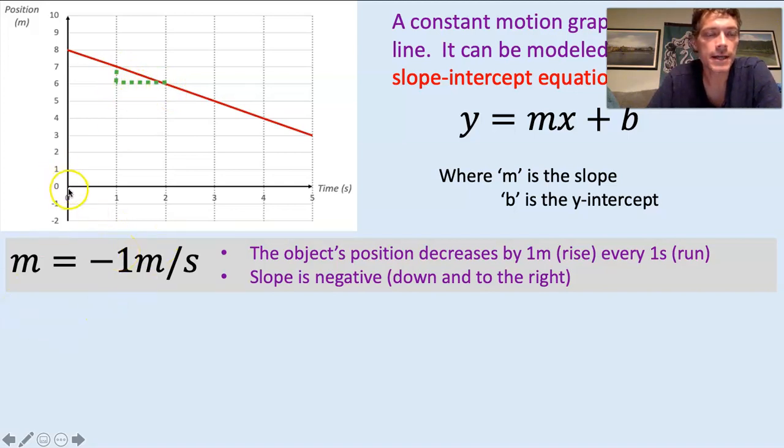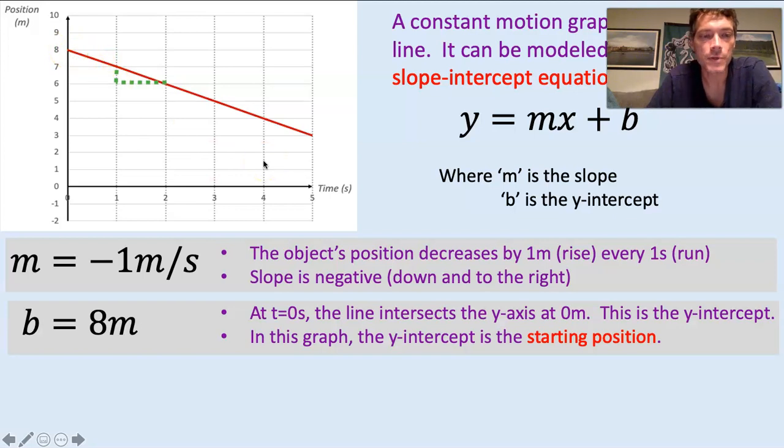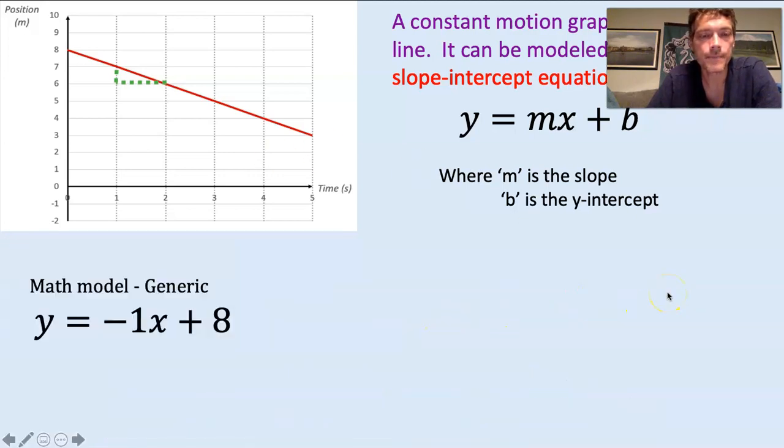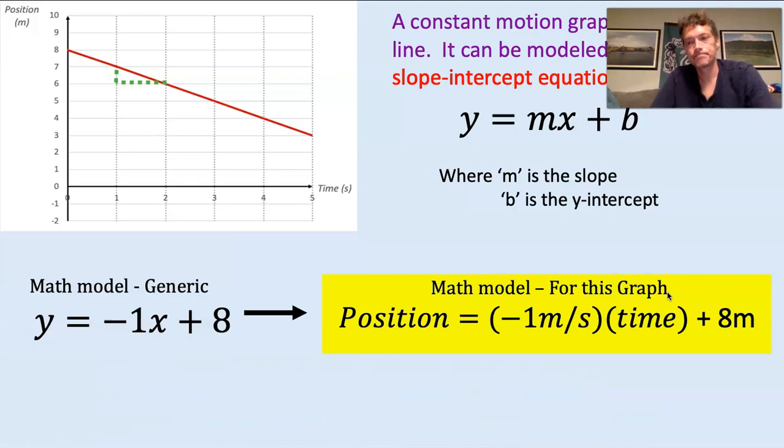And you see that the function intersects the y-axis at a position of 8 meters. So that's the y-intercept, the starting position. We get our generic math model of -1x plus 8, and we translate. So at time equals 1 second, 1 times -1 is -1. -1 plus 8 is 7. So at 1 second, we would expect that the position would be 7, and it works out.